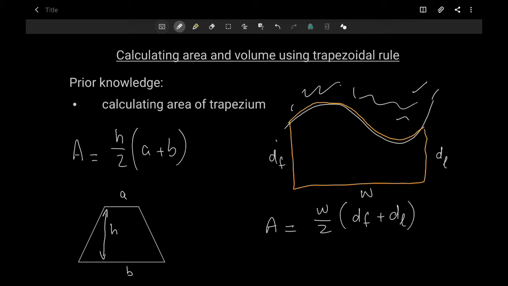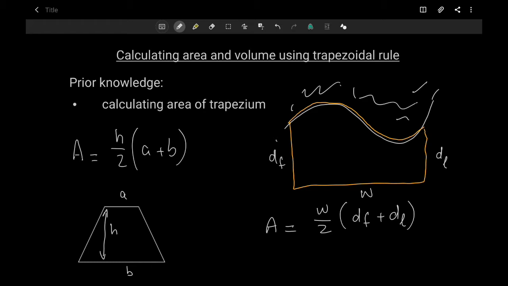The W is the width, which is similar to the perpendicular height of the trapezium. And the dF and the dL are the lengths of the parallel sides. Again, that is similar to the a and b that you see in the area of a trapezium.